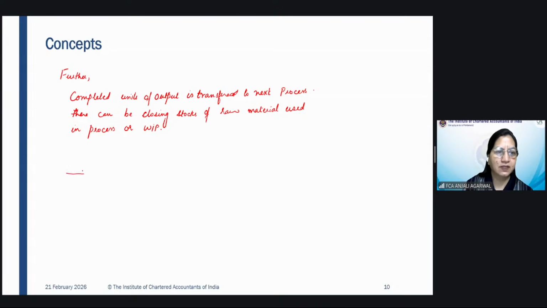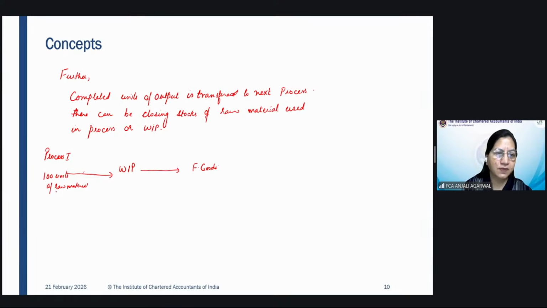Let's say this is process one, and 100 units of raw material is used in the process, and you start working on them, and it becomes work in progress, and then it becomes finished goods.